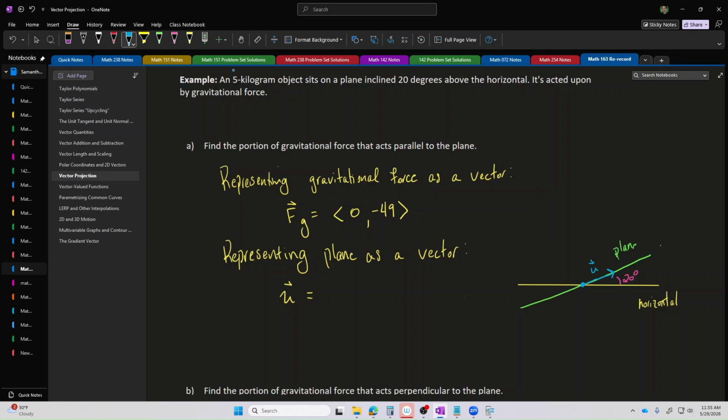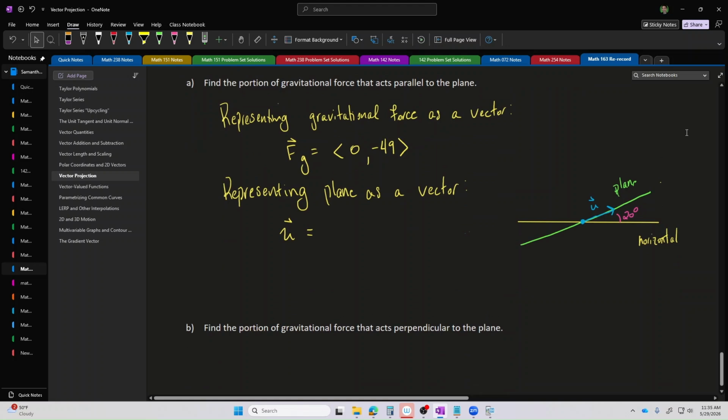Now, because the length of this vector doesn't matter, because it's just representing the surface, and whatever length it has is going to be divided out in the end anyway, I might, for my own convenience, just go ahead and make it a unit vector and write down something like 1 cosine of 20 degrees, 1 sine of 20 degrees, using that polar coordinates formula that we established in a previous lesson.